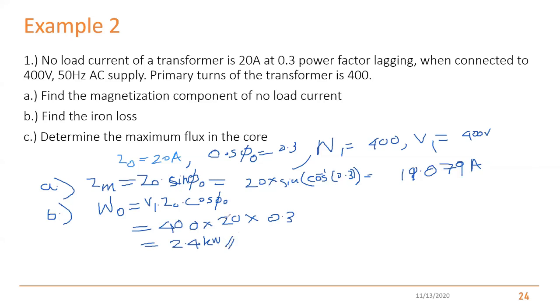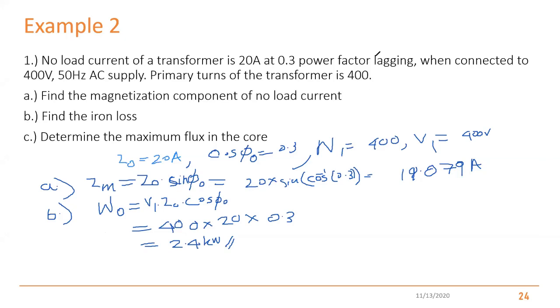That is the iron loss. Here we are talking about a very huge transformer, therefore it has a high core loss as well. I think this part you can work out very easily.